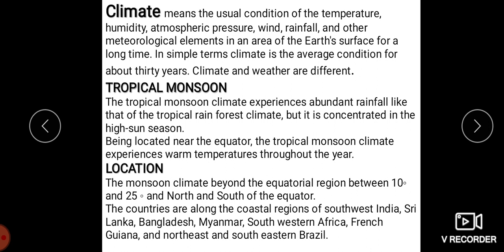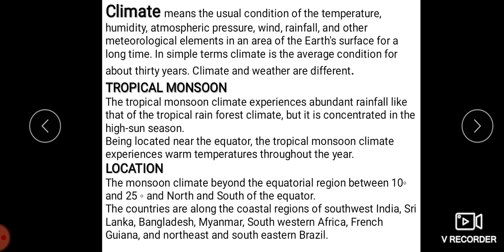Now let us move on to what we mean by tropical monsoon. The tropical monsoon climate experiences abundant rainfall like that of the tropical rainforest climate, but it is concentrated in the high sun season, being located near the equator.